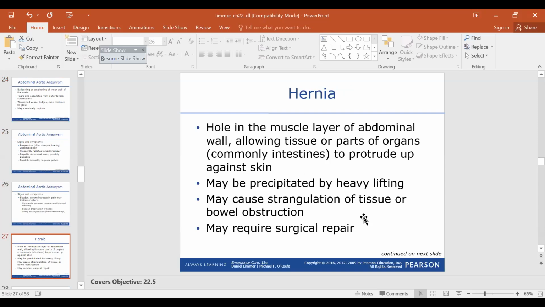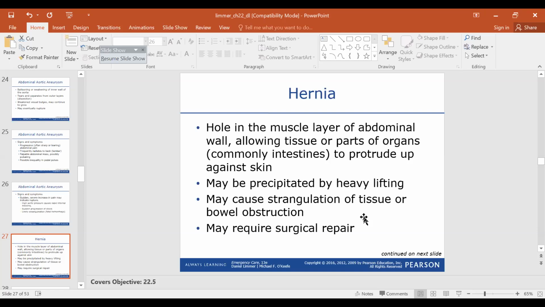So all a hernia really is, is a tear in the muscles. You'll see this a lot in the stomach. So there might be a tear in the muscles of the abdomen, and since there's a tear in the muscles, your intestines could protrude out, could stick out of your stomach, but it's still covered with skin, obviously, because the skin is still intact, but the muscles aren't there.